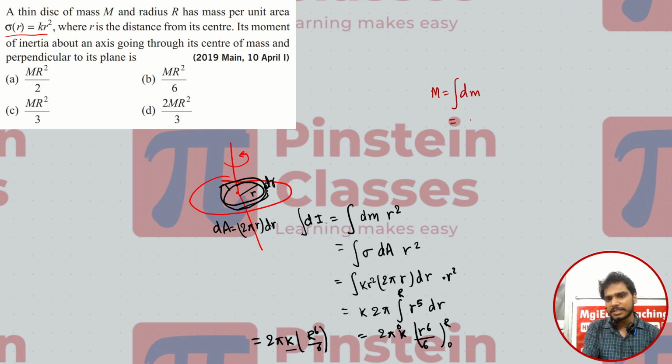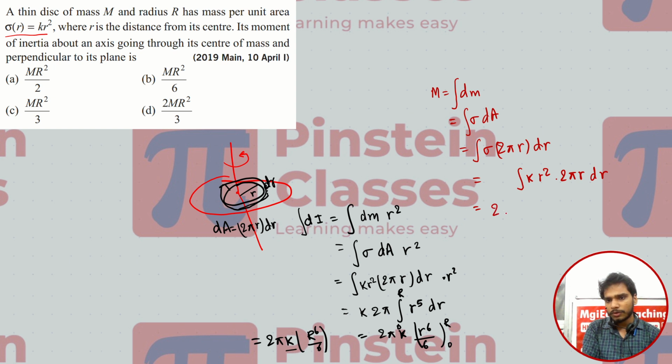Small dm is nothing but sigma times dA, and dA is 2 pi r times dr. So we will take out 2 pi from the integration and plug in the value of sigma, k times r square, times 2 pi r times dr. Again we take all the constants out of the integration.